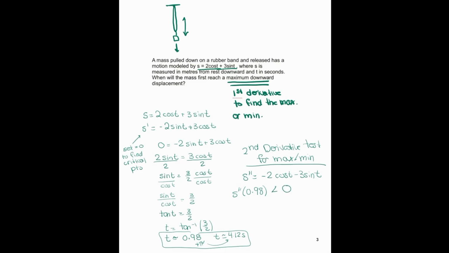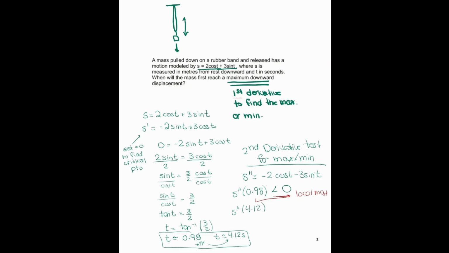actually less than 0. That tells me that this point here will be a local max. But we have 2 points, so we have to see what's happening at the other point, which is at 4.12 seconds.